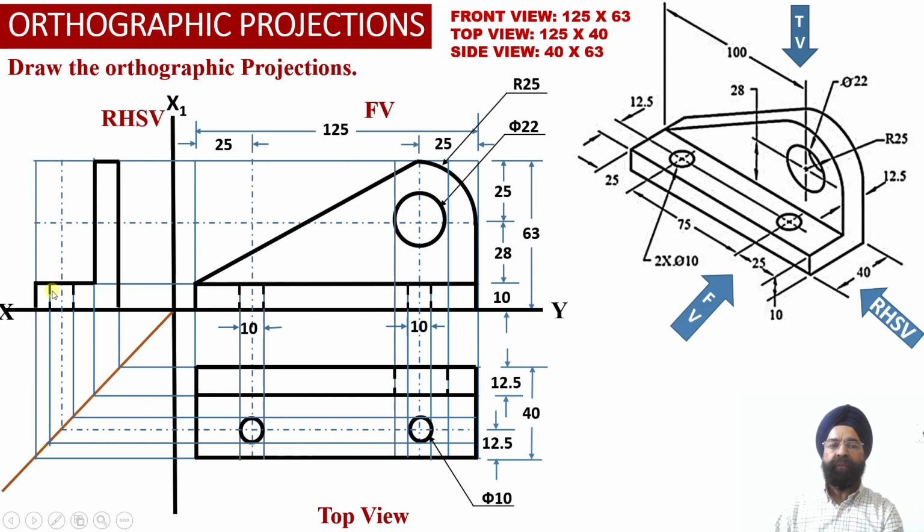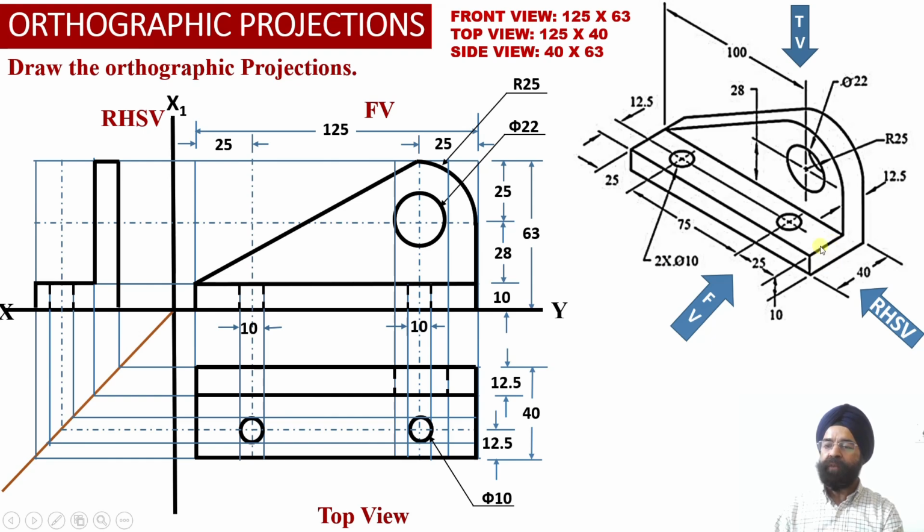So now we know that if we are going to look at these two holes from the right hand side view position, hole number 1 and hole number 2 are going to overlap with each other in the side view projection, and further these two holes will be covered by this surface of the horizontal web, so they will not be visible to the observer from the right hand side view projections over here.